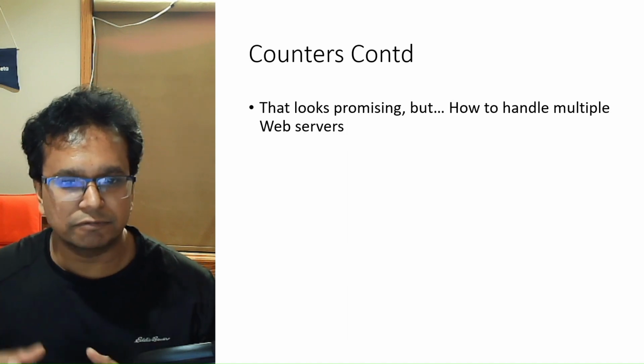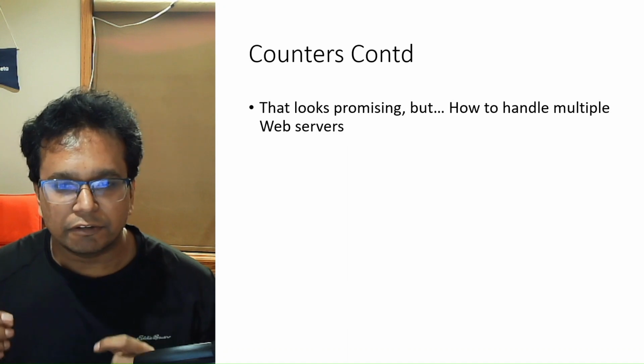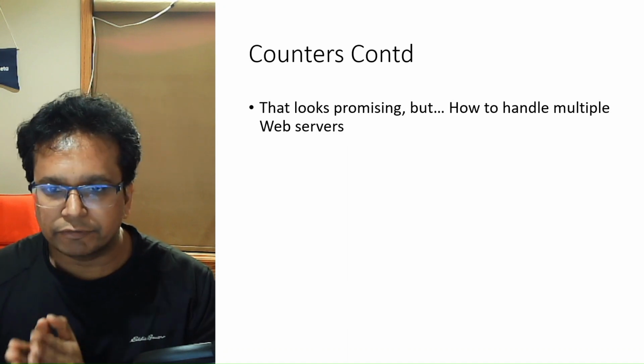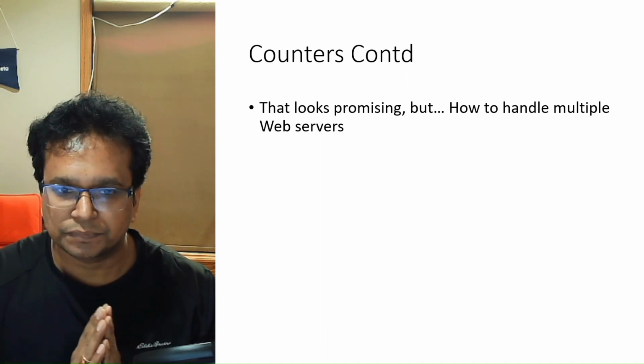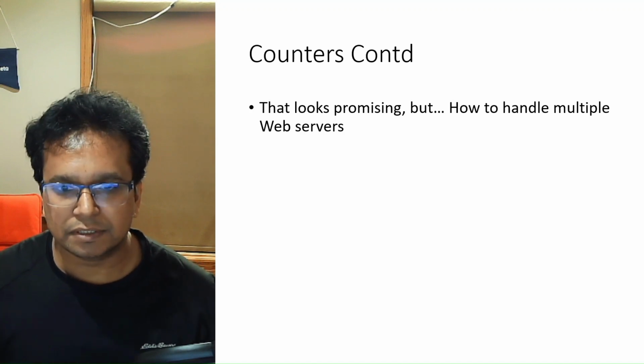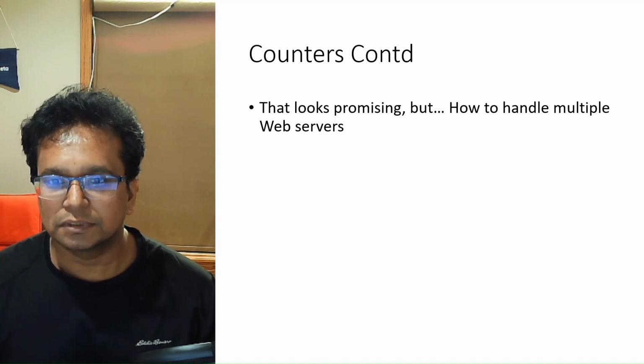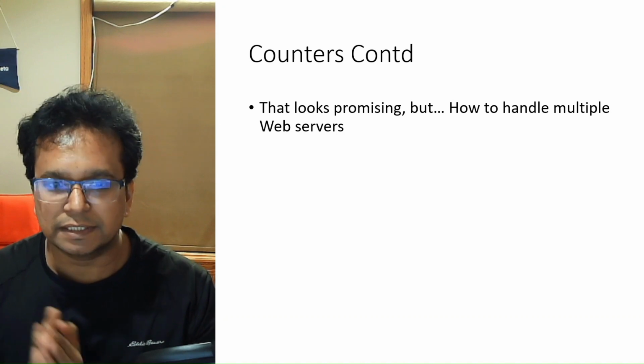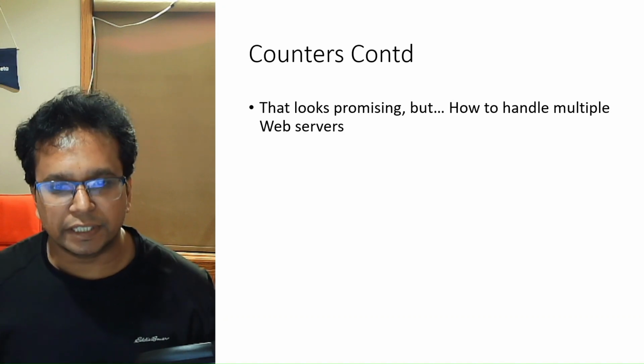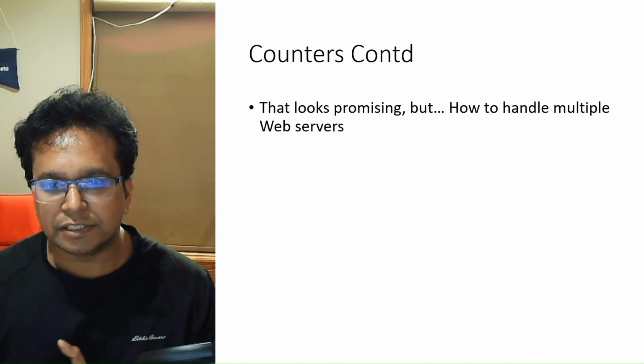While the system works well on a single server, we need to consider scalability when running it on multiple web servers. If multiple requests with the same counter value reach two different web servers at the same time, both will generate the same ID, and this will result in duplicates.